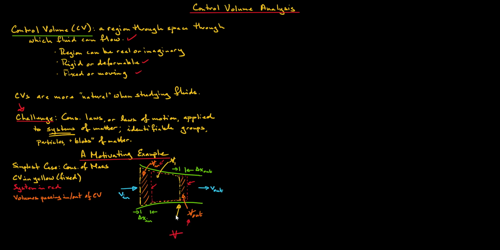This is to distinguish it from this V here, where this is for a volume and this is for a velocity. So we have a velocity in and out of our control volume, and that's just with a normal V. But we also have volumes defined by this V with a line passing through it.